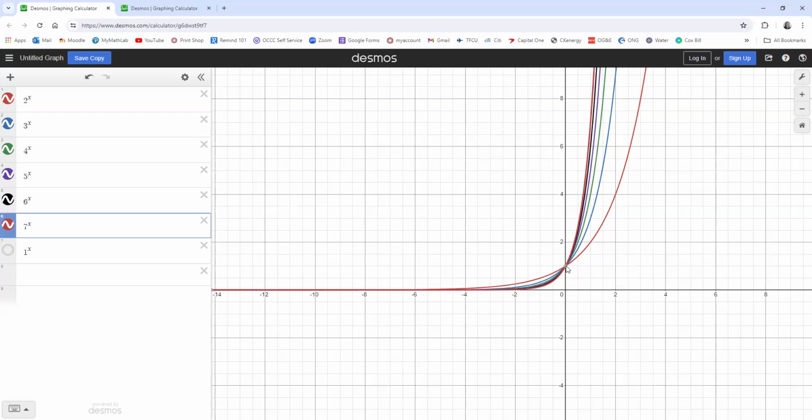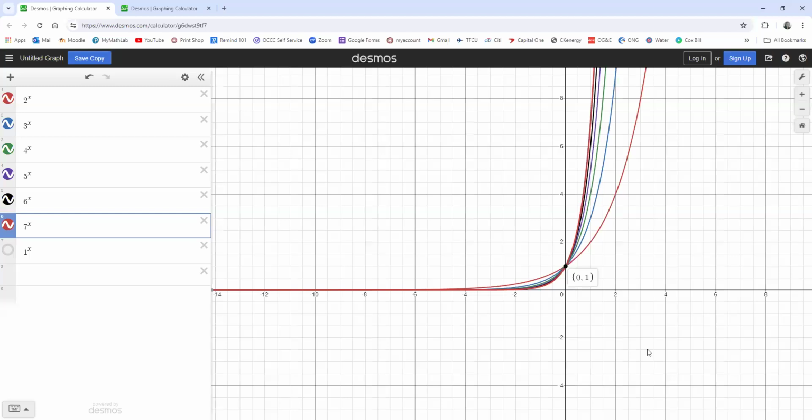Another thing they all have in common is that they all have a y-intercept at 0, 1. Because anything to the 0 power equals 1. So 2 to the 0 is 1, 3 to the 0 is 1, 4 to the 0 is 1, and so on. And then they all have that same horizontal asymptote right there at y equals 0. So it's really just kind of a matter of how quickly is this going up.